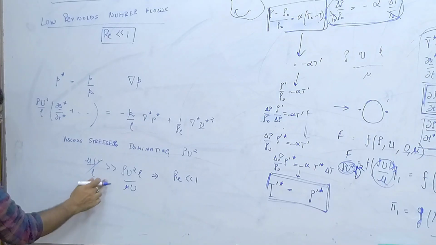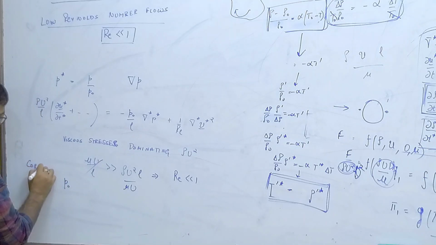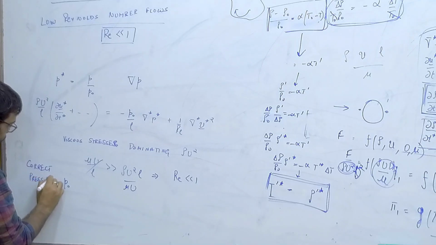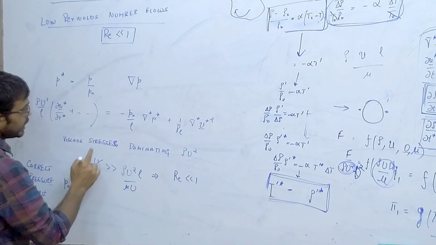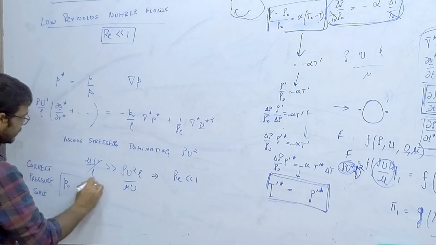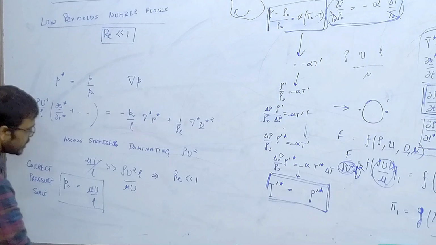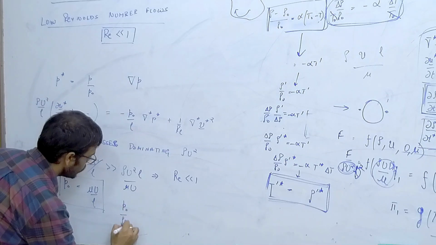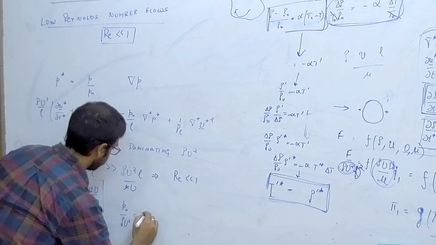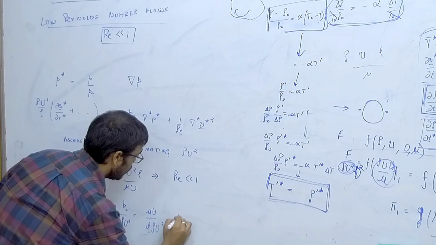Okay. So, in these kind of cases, the correct pressure scale is not rho u square, but actually it is mu u by L. The correct pressure scale that you have to take is mu u by L, in which case this P naught over rho u square becomes 1 by Re.